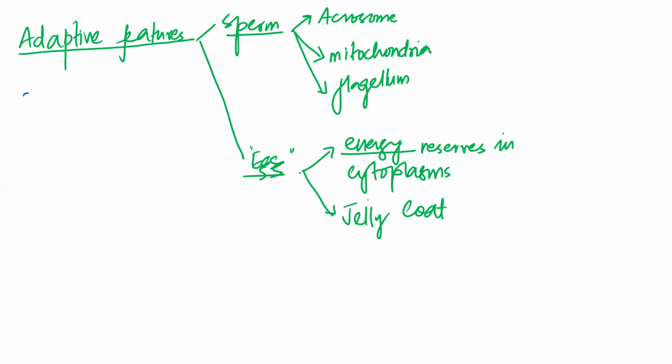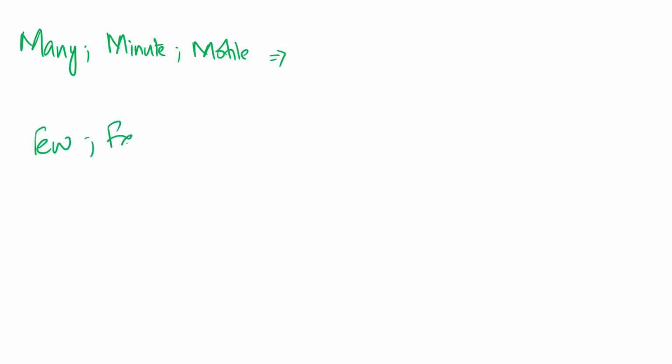ठीक है. अच्छा, आपको मैं बताऊं बच्चों कि एक mnemonic है: many, minute, motile. Anyone, what is that? Sperm. Yes, and few, fat, fixed.